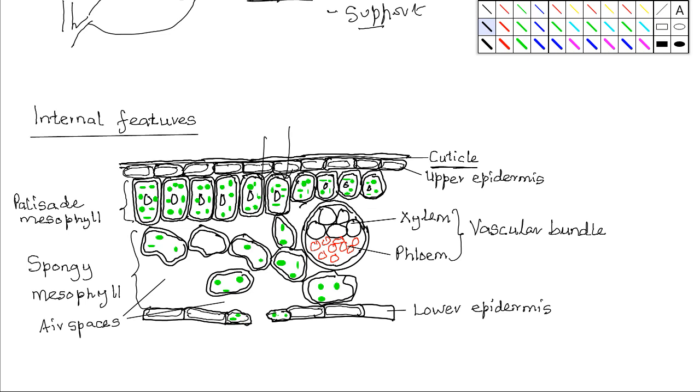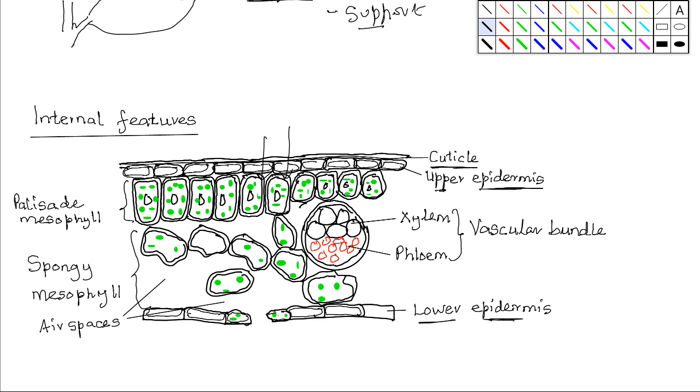Now, these guard cells control an opening. There is a pore between them, the stoma. That is the stoma. So the guard cells control the opening and closing of this stoma through which carbon dioxide enters the leaf to be used in photosynthesis.